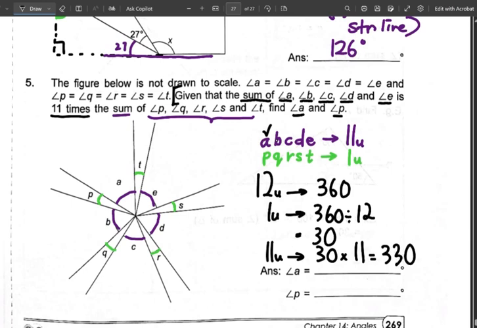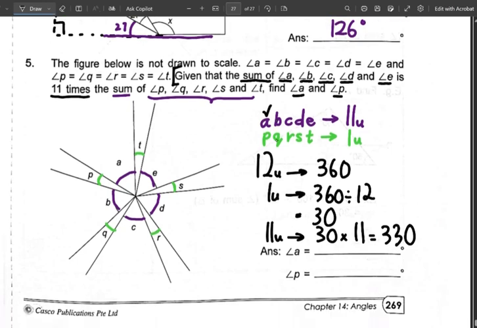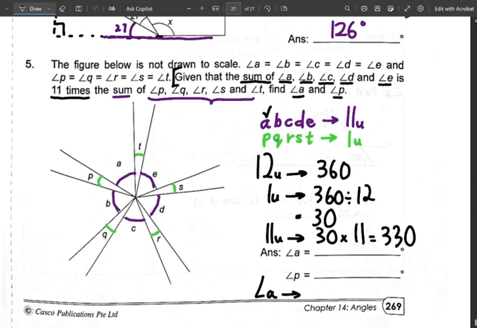So the purple color is 330, and the purple color, they are all the same. So we can find angle A first, right? Angle A is basically just 330 divided by 5. Make sense? Very good, 66. So A is 66.